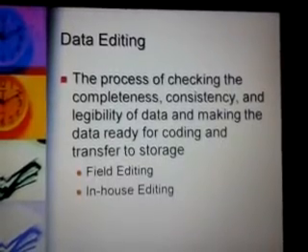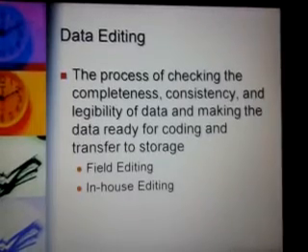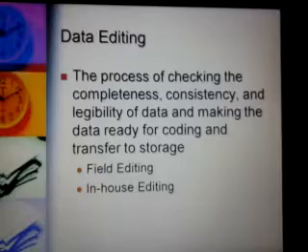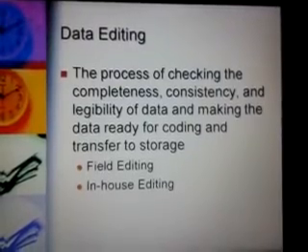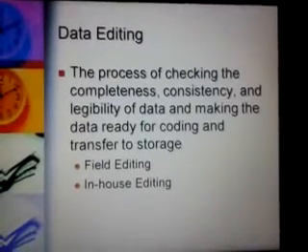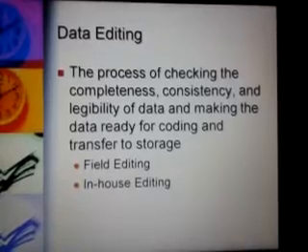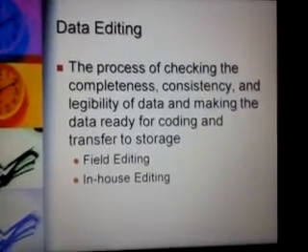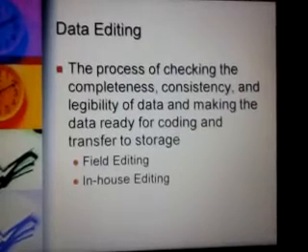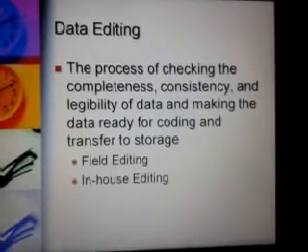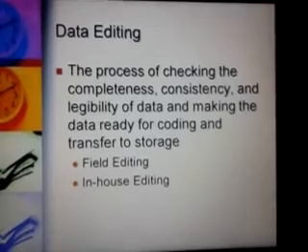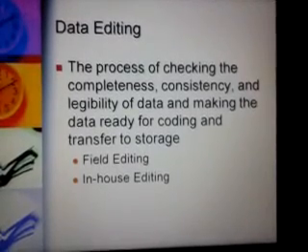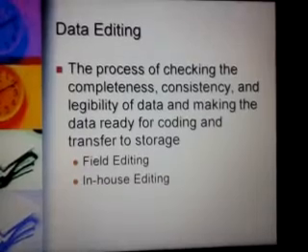So this way field editing is done in the field, maybe during the time of sorting the data or sorting the questionnaires. This could be easier, and this could be more reliable. But if field interviewers are not allowed, or they are not qualified for editing, then in-house editing is done.